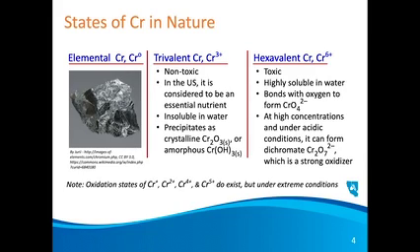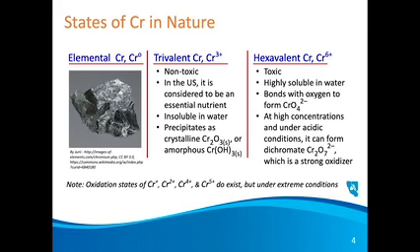But as it enters the environment, as it's exposed to oxygen, as it goes into water, it can exist in really one of 2 main states, either as Chrome 3 or Chrome 6. Chrome 3 is trivalent chromium, and Chrome 6 is hexavalent chromium. These are 2 different oxidation states of chromium, and they make an element that is vastly different from the other.